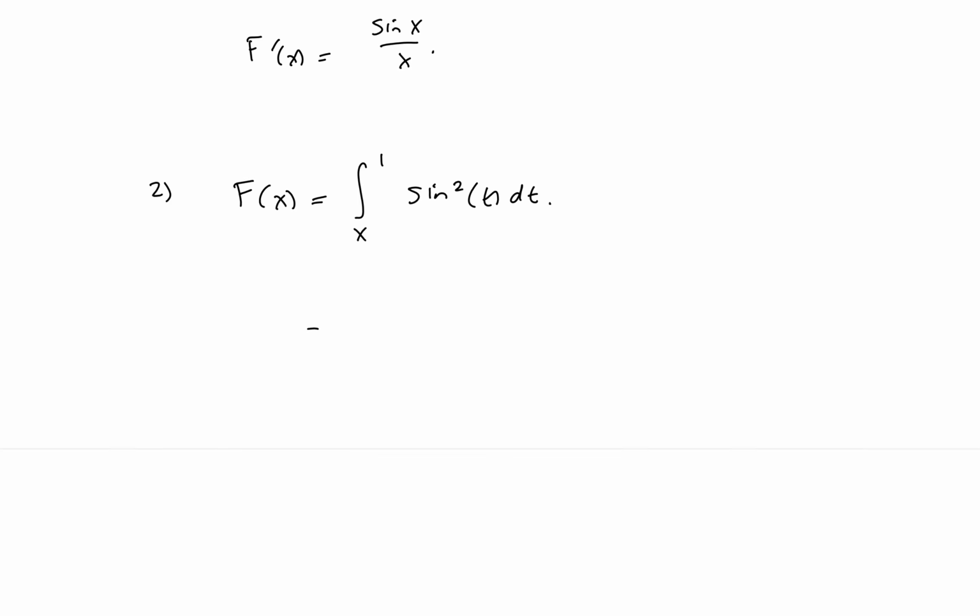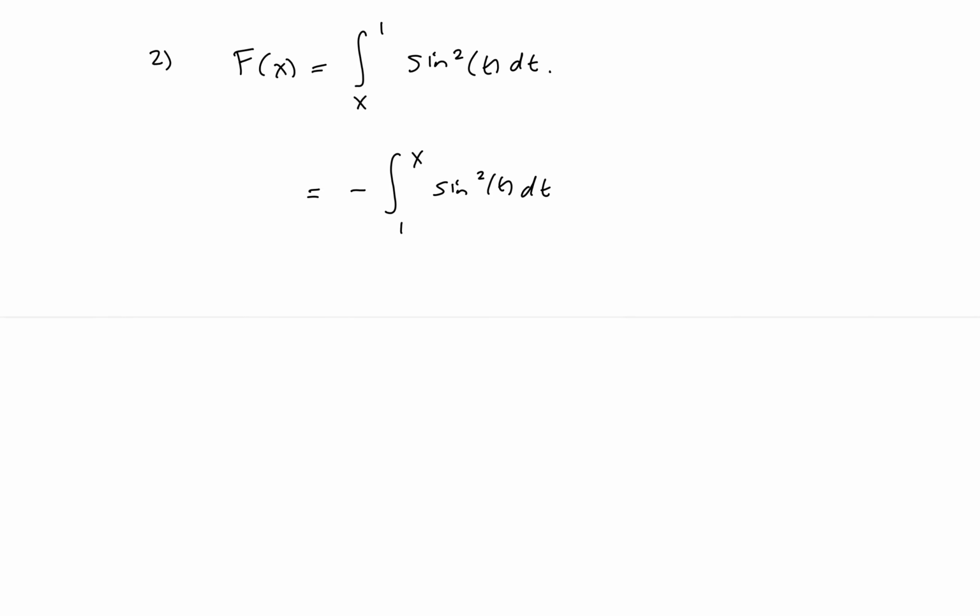So what we need to do is use one of our properties of the integral that says that we can switch the order on the limits of integration as long as we put a negative out front. So now this is in the correct form. So f prime of x then is going to be negative, and now I just get sine squared x. So we had to do a step there first.